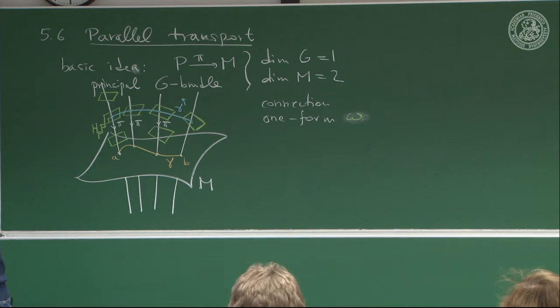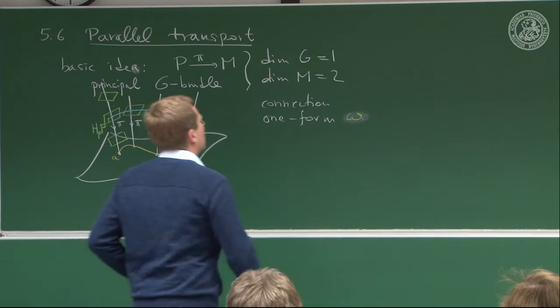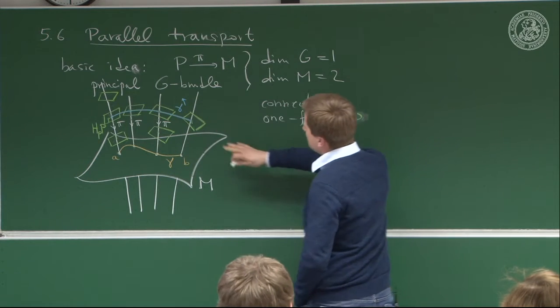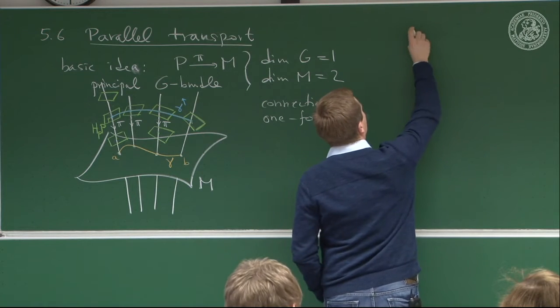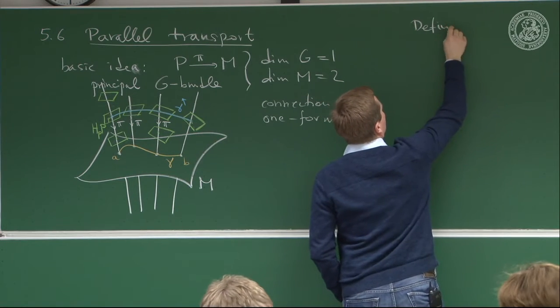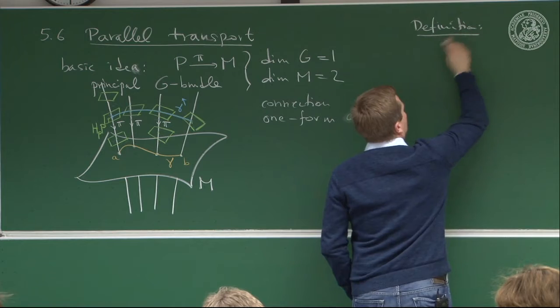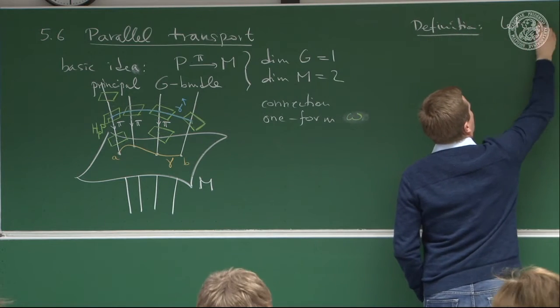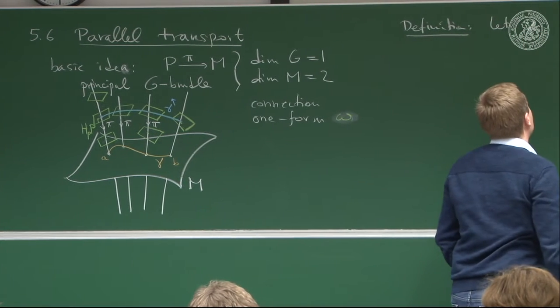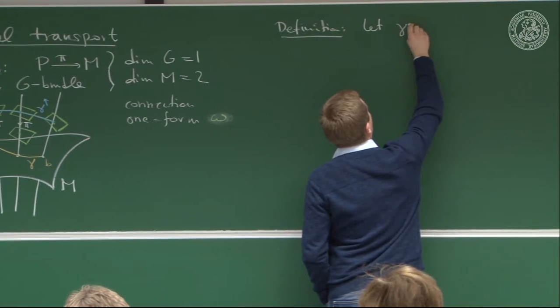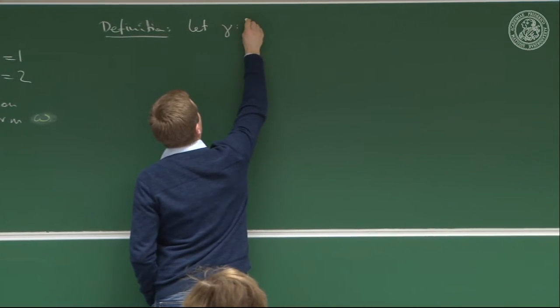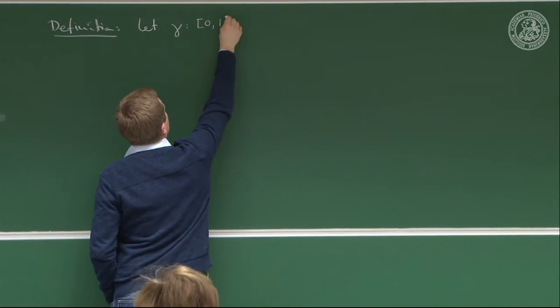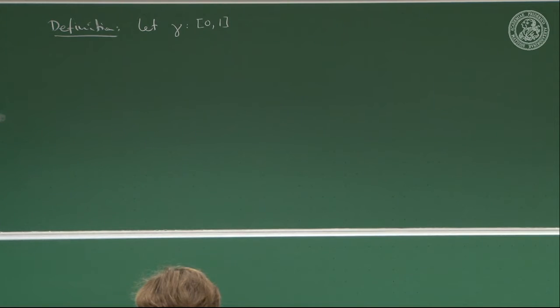So now let's try to write this down more precisely. So first we start with the idea of the horizontal lift of a curve. So definition. We first start with let gamma be a curve, and we're actually only interested in the curve in this case on a closed domain [0, 1], because we're always now going to look at starting at one fiber and going to another fiber.